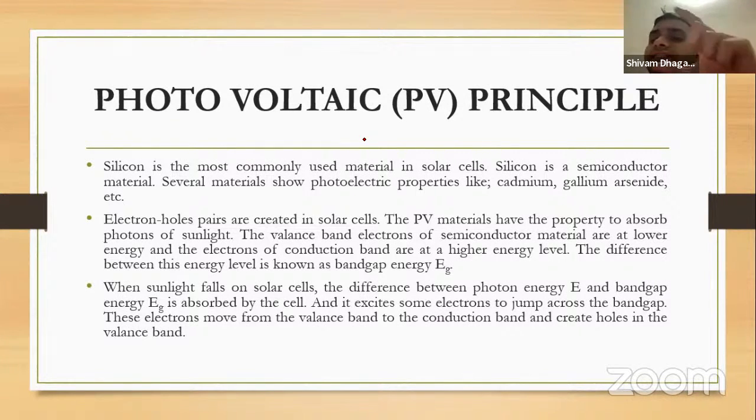In a panel, small cells are there. When sunlight falls on the cells, electrons are transferred from the negative terminal to the positive terminal. And between the difference of the photon energy and the band gap energy, electrons get transferred, and the more electrons are transferred, the more voltage we will get from the panel.